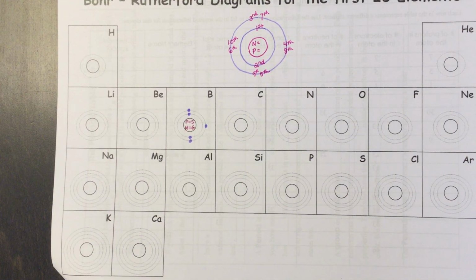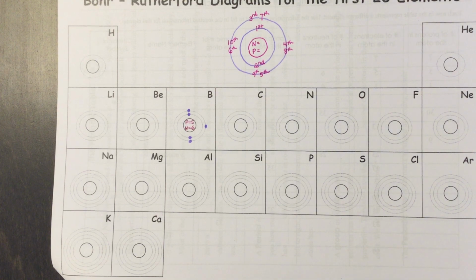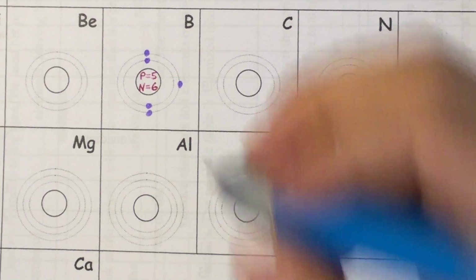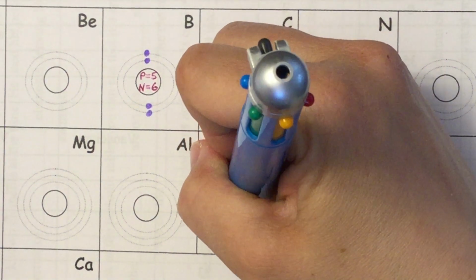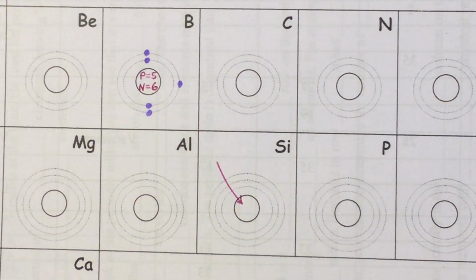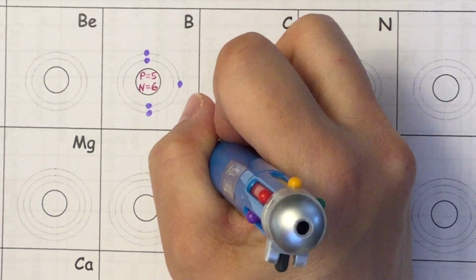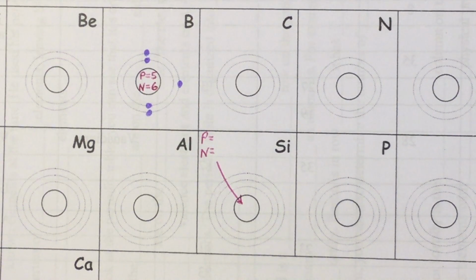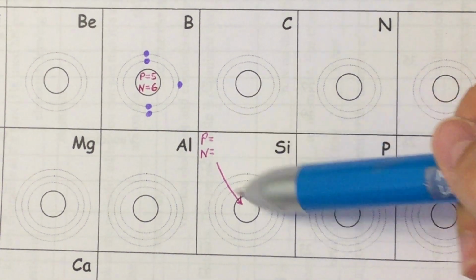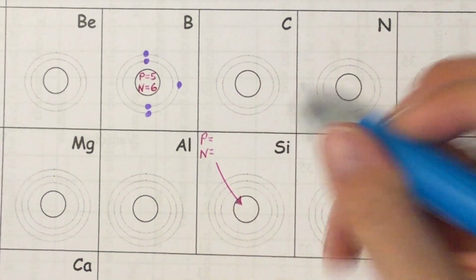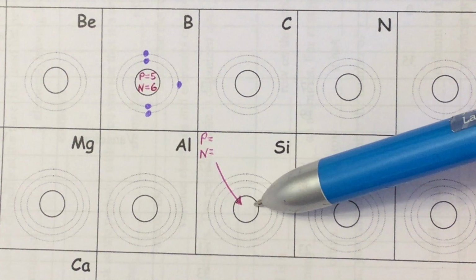If you're like, Miss Labiuk, I cannot write that small inside the box, no problem. Draw yourself a little arrow that points to inside the nucleus, and then you can go like this instead: P equals, N equals. Just make sure you have an arrow that shows where it's going, and an arrow has a little point on the side, so you're showing it goes in the middle.